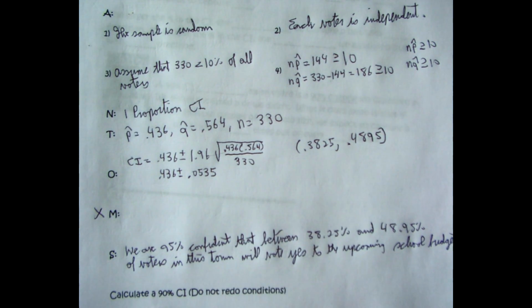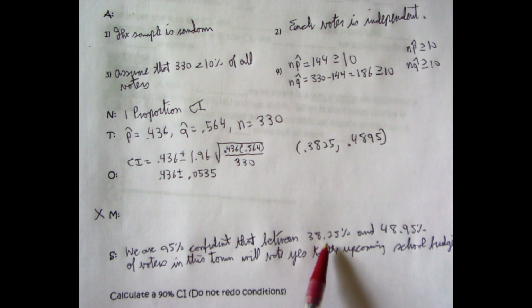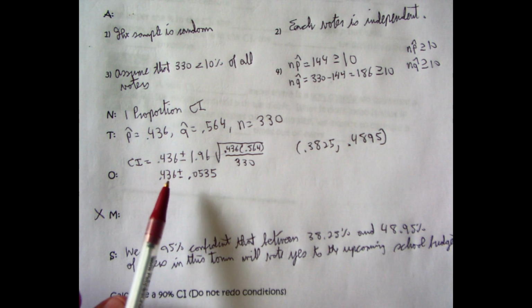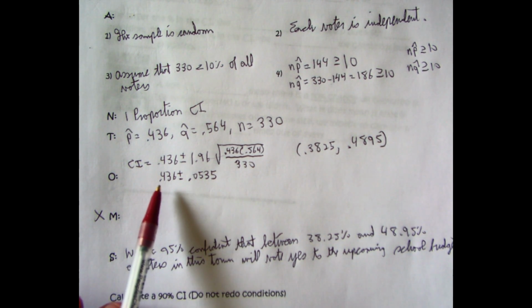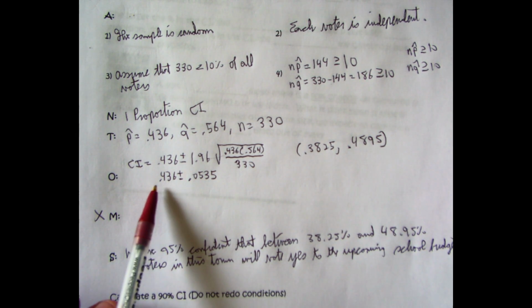So we're 95% confident that P is somewhere in here. Okay? Because this is our approximation P hat. And we know that that's going to be somewhere around P. We know it's probably not going to be exactly on P. Okay?